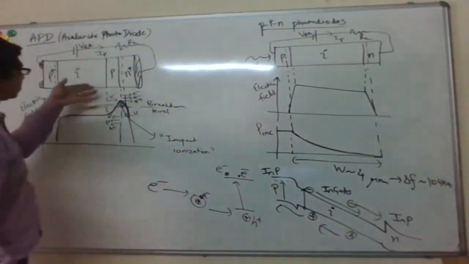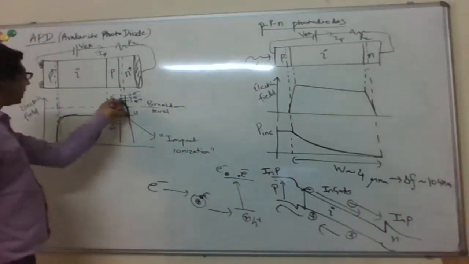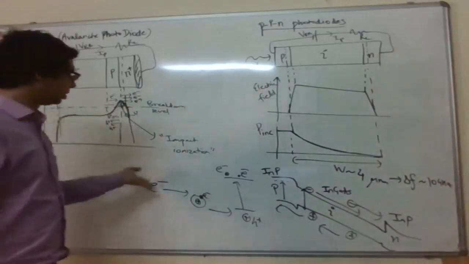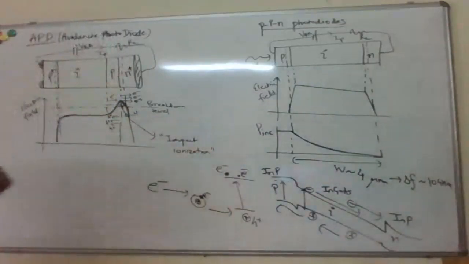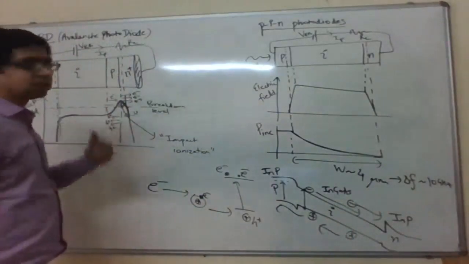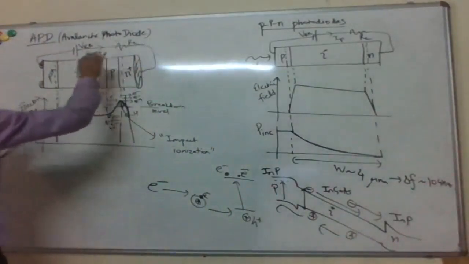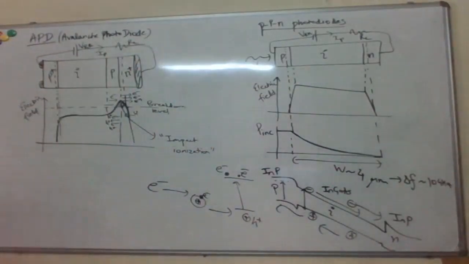Okay, so all the carriers passing through this region where the electric field is greater than the breakdown field end up doing this, right? So you can see that the number of carriers gets multiplied by this avalanche process, basically enhancing the photocurrent that you get.